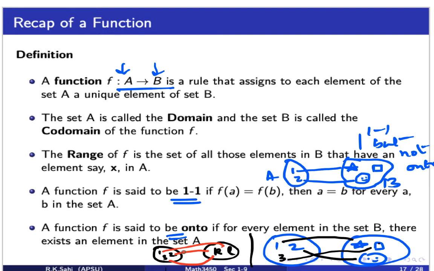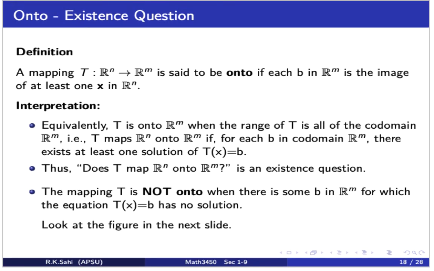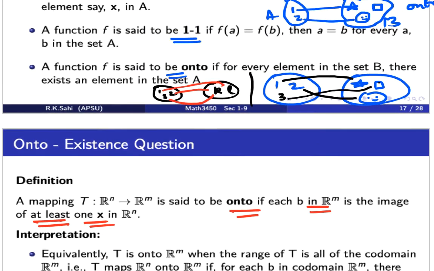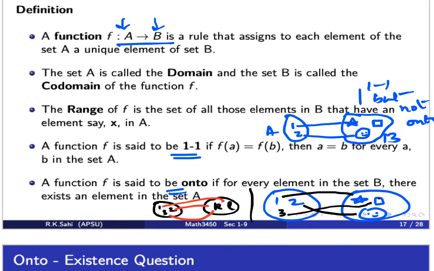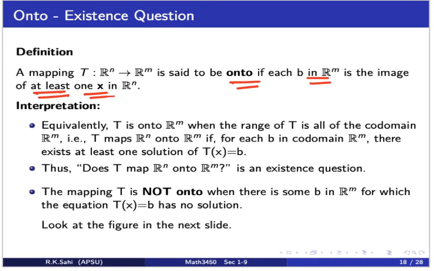Now, let's look at the meaning of onto in terms of linear transformations. We say a mapping, not linear, but in terms of transformations, a mapping T is said to be onto if each b in Rm is the image of at least one x in Rn. In other words, these two we are talking about. Now, what does it mean for a linear transformation?